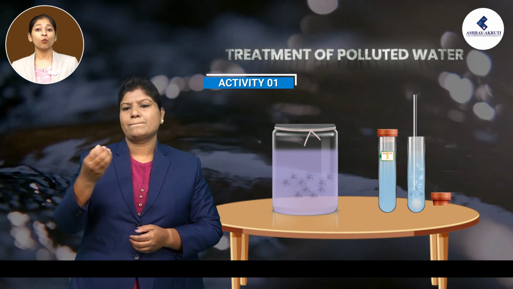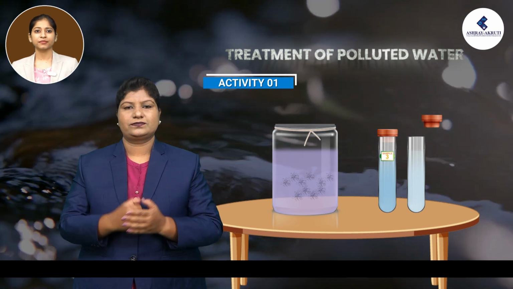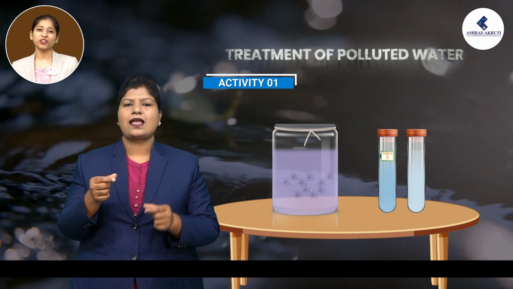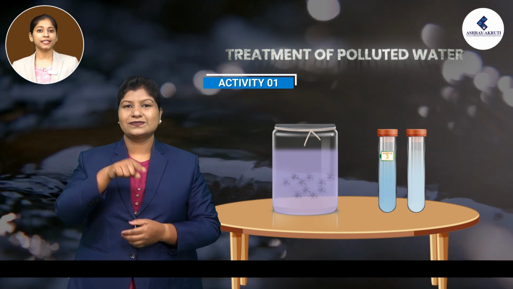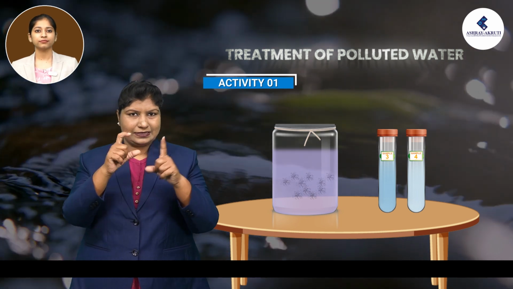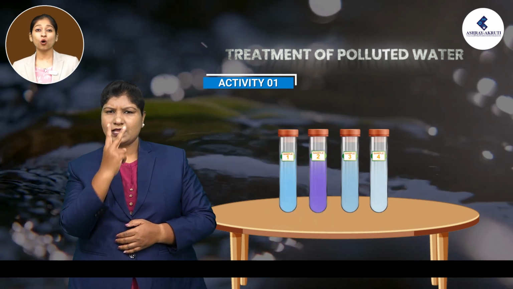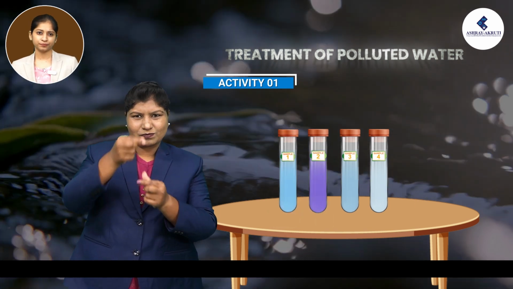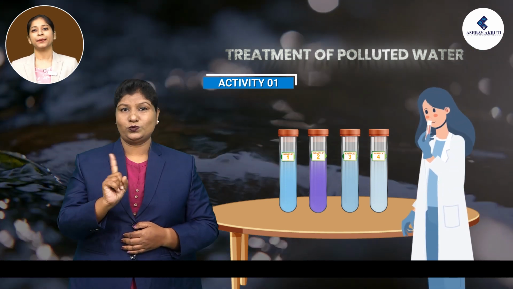Mix well until the water is clear. This is a chemical process of the treatment. Label the test tube chlorinated sample 4. Observe the samples in all the test tubes. Do not taste, just smell them.